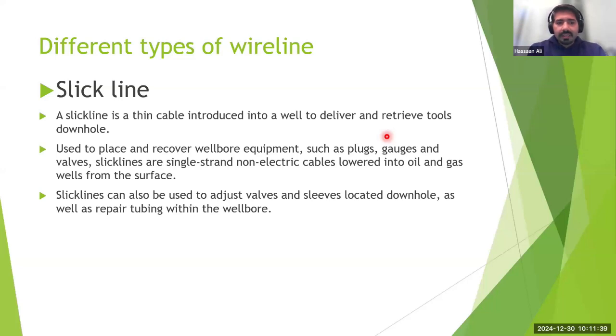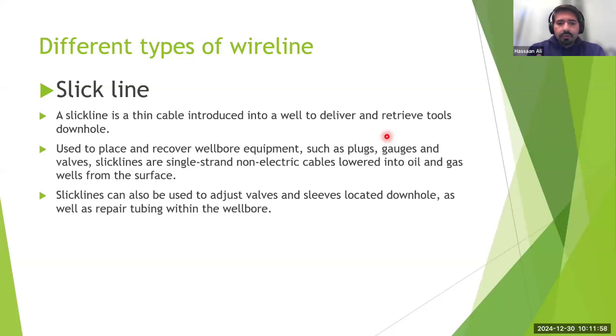The first one is called slick line. The slick line is essentially a very thin cable that is used to deliver and retrieve tools downhole. It can be used to place and recover wellbore equipment such as plugs, different types of electrical gauges, and valves.